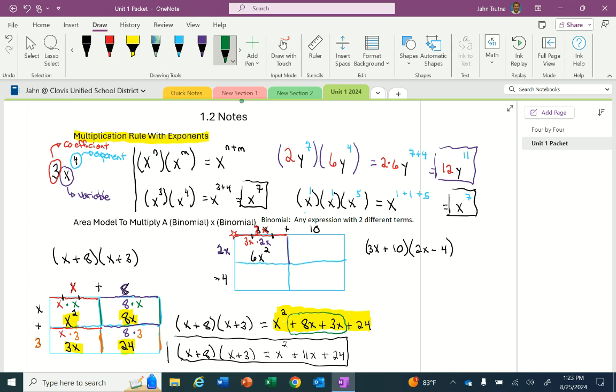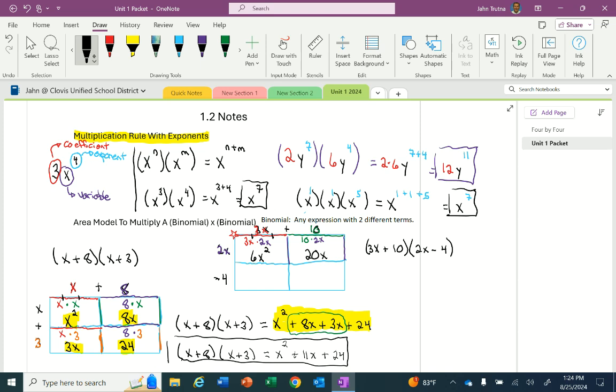Okay, moving to the top right rectangle, the length is represented by the number 10. So I'm going to always go length times width. So I'm going to go 10 times, and then the width is represented by the 2x. 10 times 2x is equal to 20x. So I write a 20x in this top right rectangle.